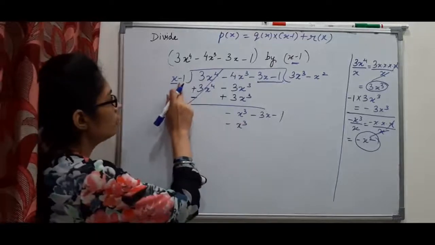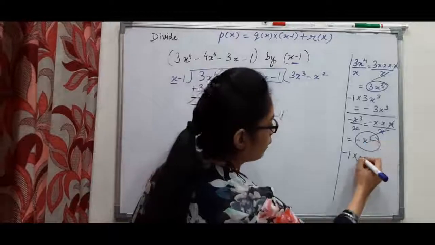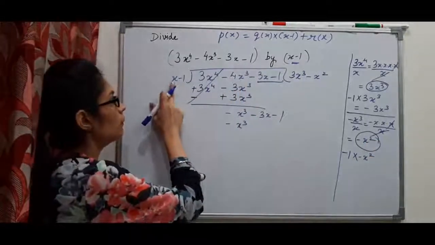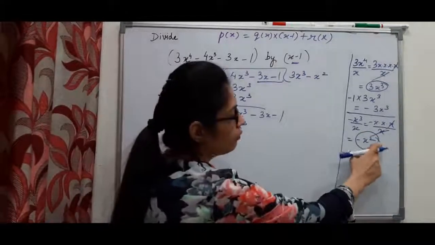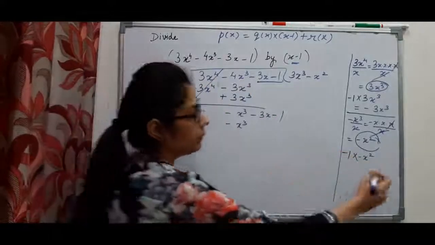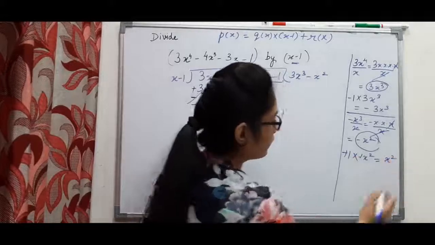Now this second term, which is minus 1, you have to multiply it with this number. So first we are doing division for first term, but for second term we are doing multiplication with the answer of division of first term. First term division, second term multiplication. Minus and minus sign will get cancelled. So 1 into x square, I will get x square.